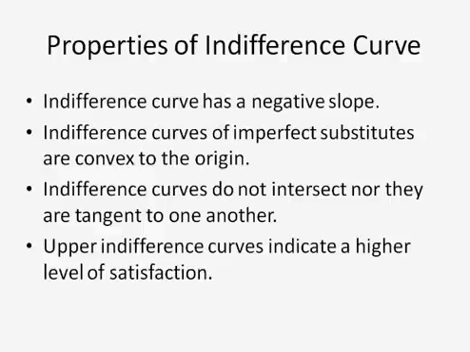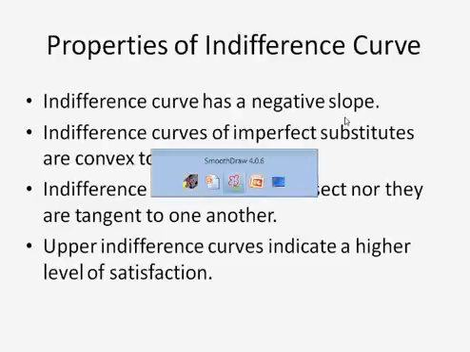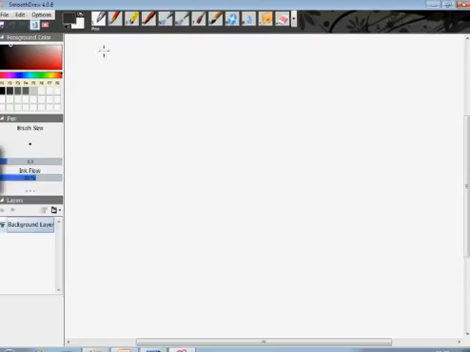Now we move on to explain the different properties of indifference curve. First one is that the indifference curve has a negative slope. So our first property is that the indifference curve is negatively sloping.